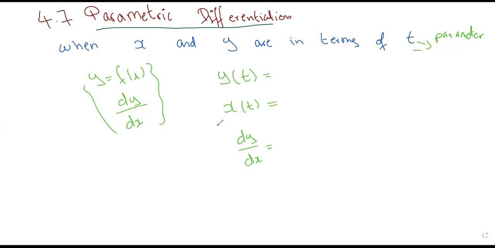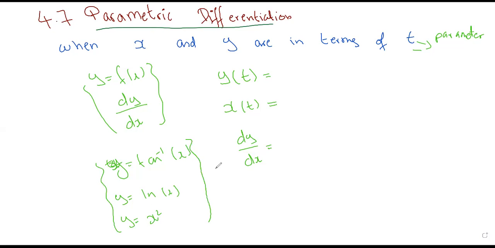But in those questions, things were like this. We simply had y equals f of x. The questions were of this type. It was either tan inverse, or it was natural log of x, or it was simply x squared. We were playing with these types of questions. But now we have two functions, y and x, and both these functions are in terms of t.